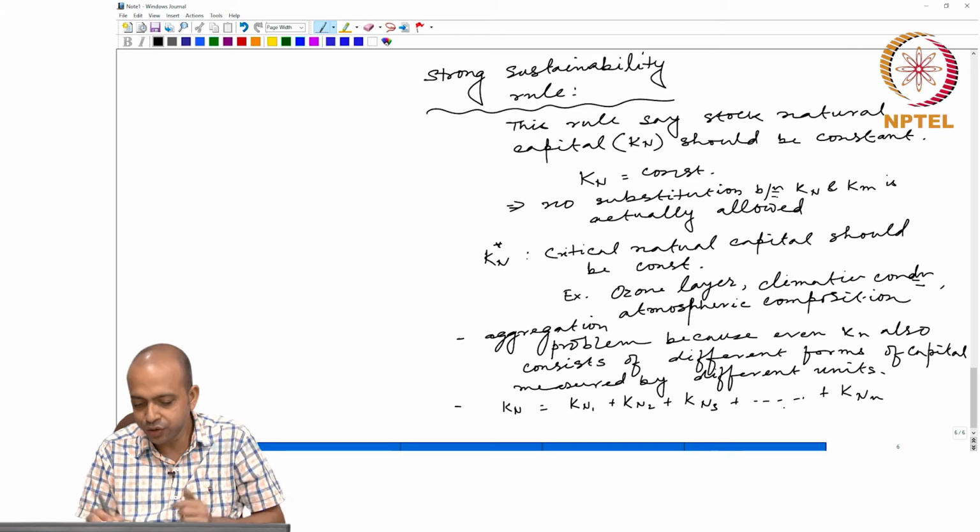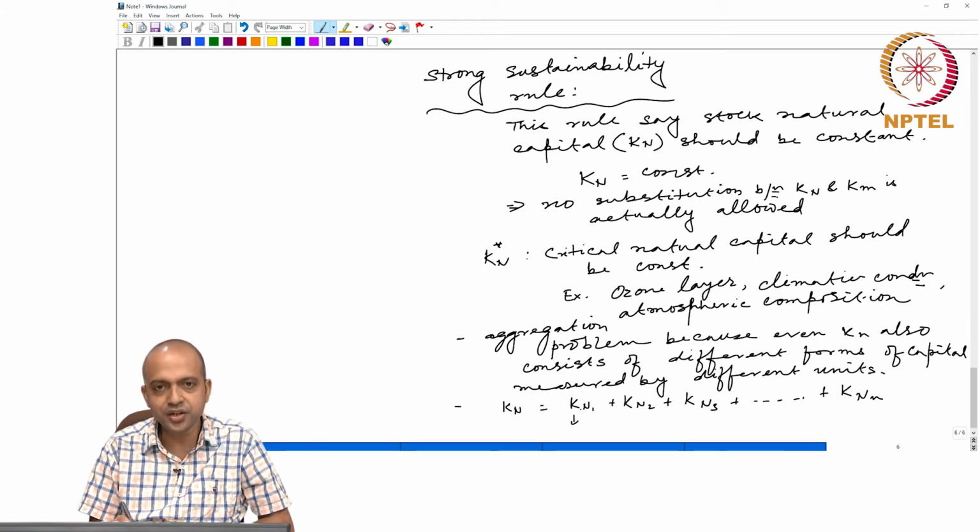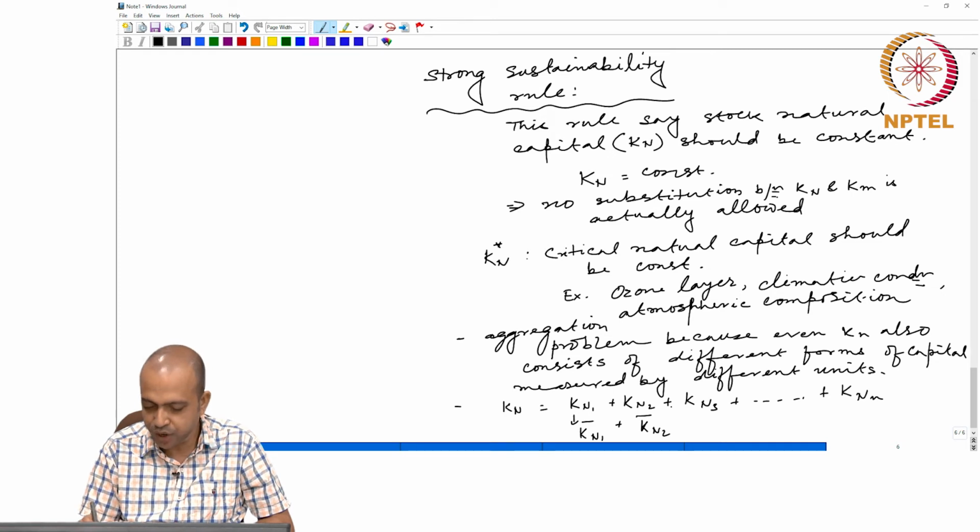These are different categories, and each and every type of natural capital should be constant. So Kn1 bar, Kn2 bar, Kn3 bar, where bar means it is fixed.